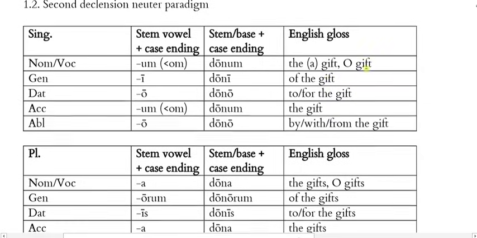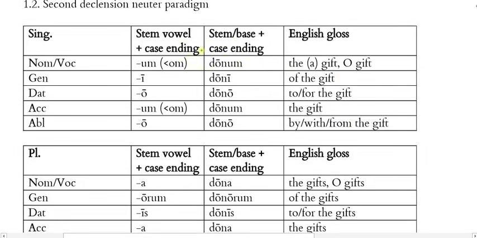So let's take a look at the paradigm. The stem vowel plus case ending is going to combine to create these forms. So the nominative and vocative are the same, and it's -um, and so this is what develops from an original -om.